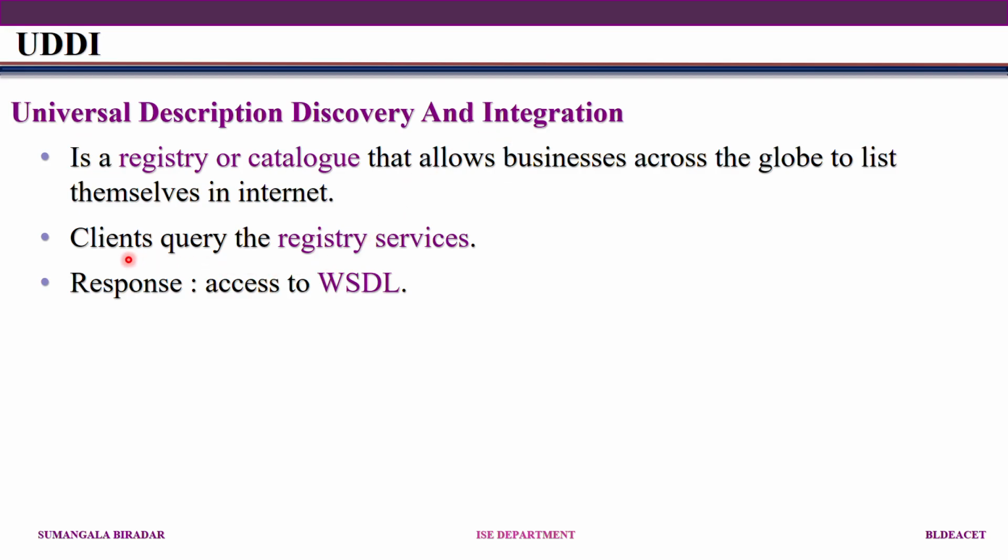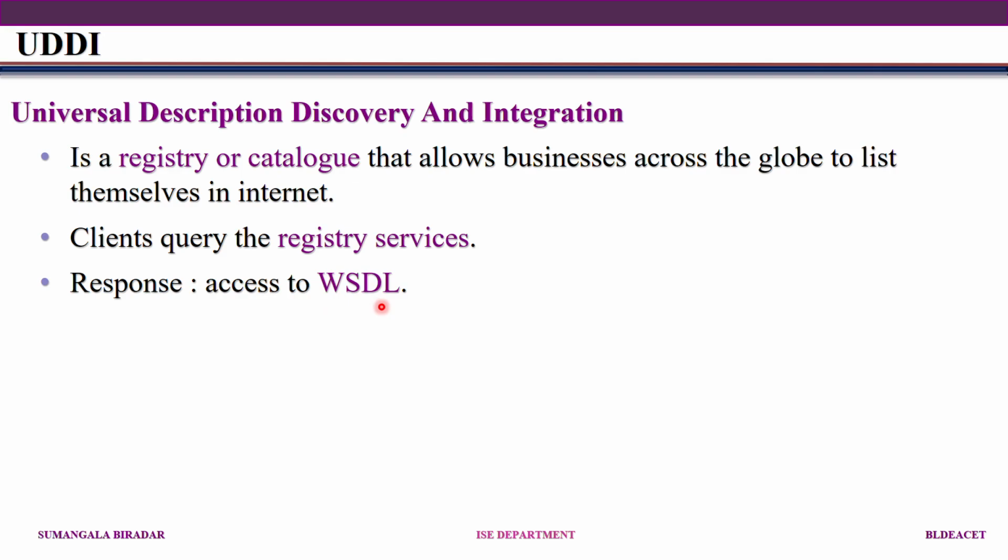Now for any client that wants to access any type of service, you call the client the requester, and they will query the registry services for which type of services they want. That is what they call discover. They send a query, that you call discover here. And for that response, access to the WSDL.